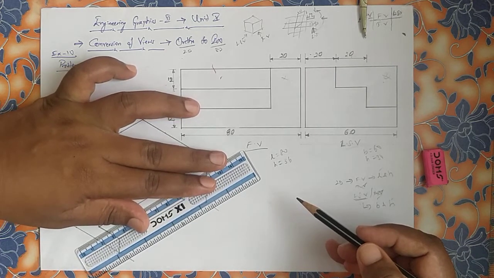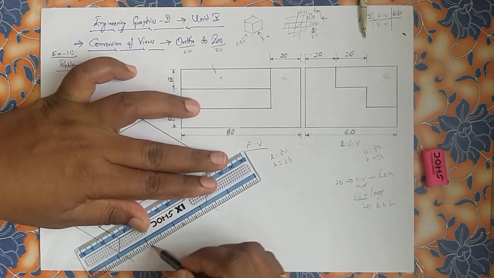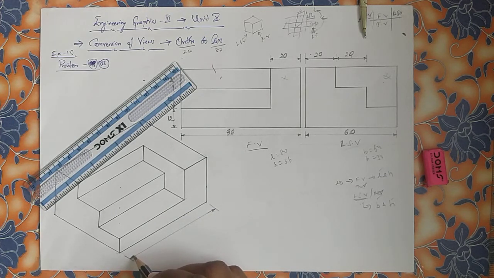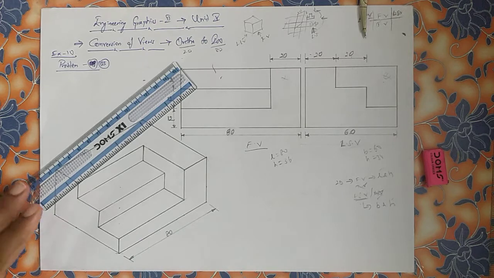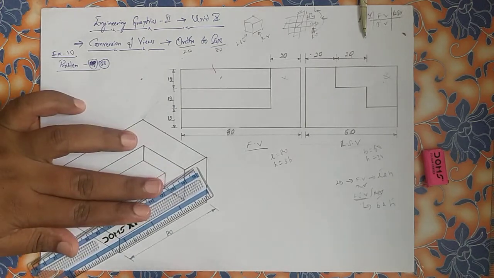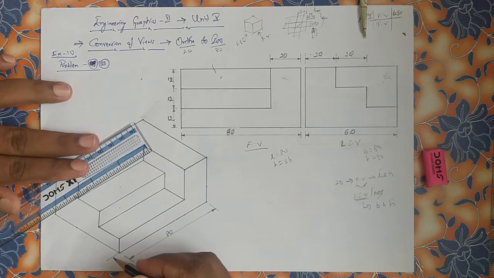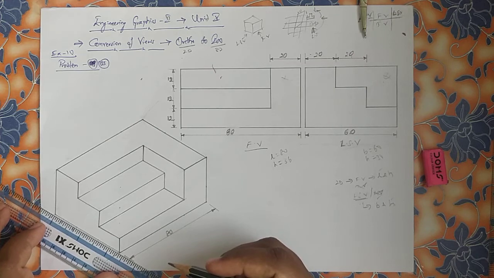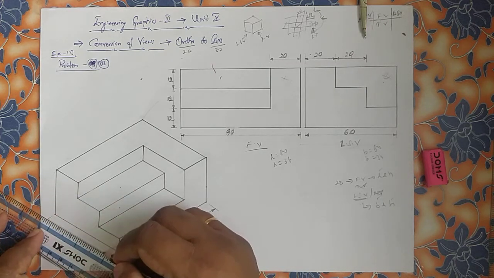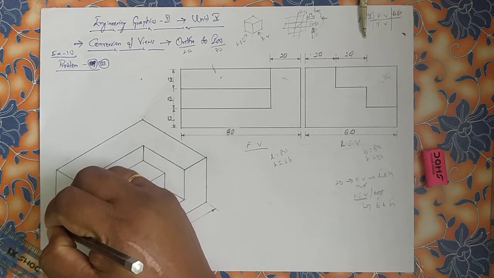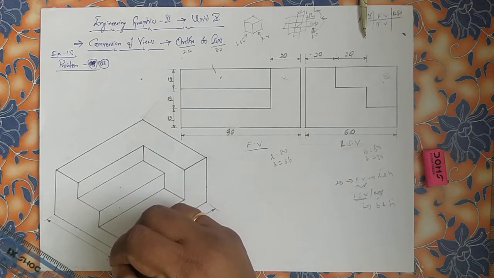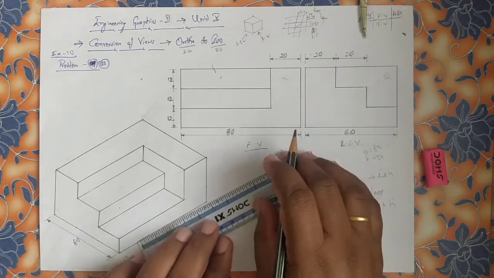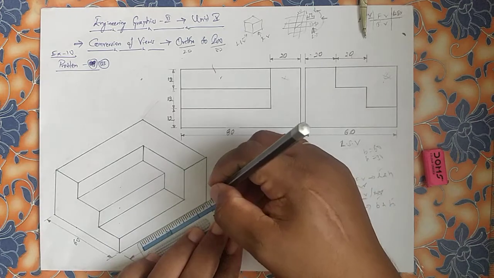If there is a drafter, it will be very easy, but still try to practice this without a drafter. Length of 80, breadth of 60, height should be aligned with the figure lines.